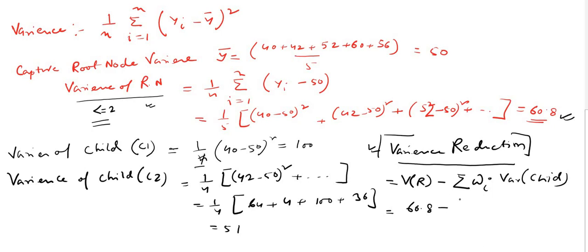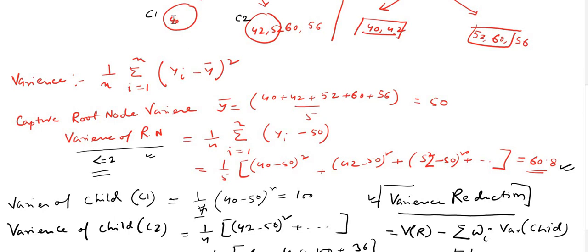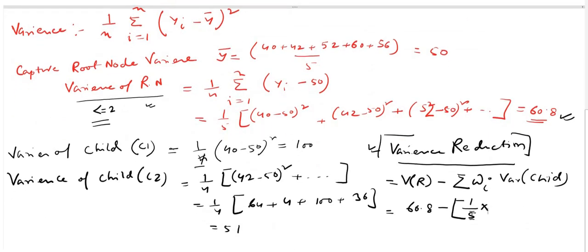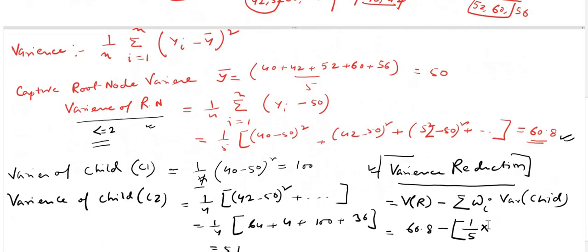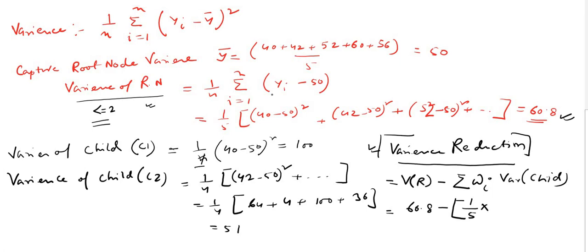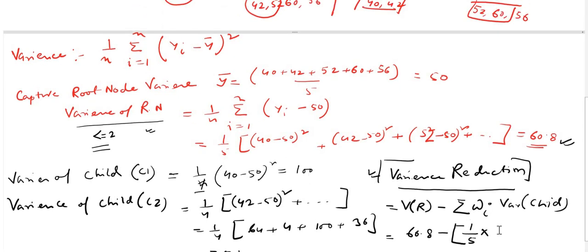Now, what is this weight part? This weight part is nothing but how many observations are on that child. So in the first C1 case, if we consider back here, we have only one observation, so it's 1 by 5. So 5 is the total observation, 1, 2, 3, 4, 5. So 1 by 5 into the value of C1, which is 100, right?